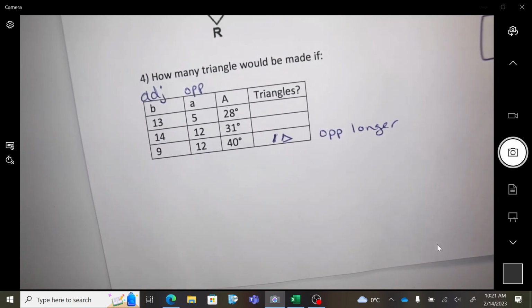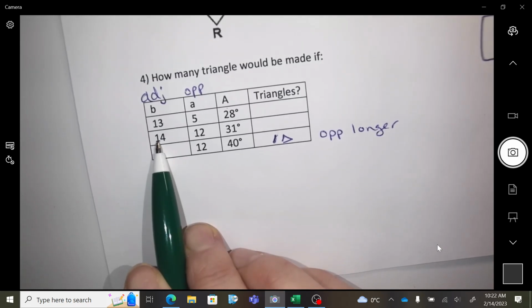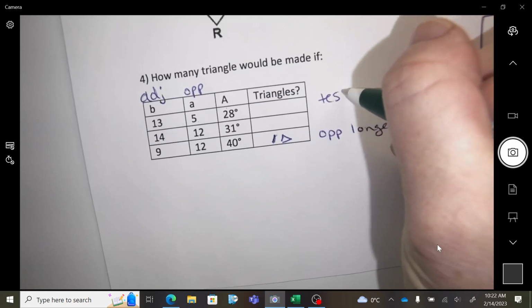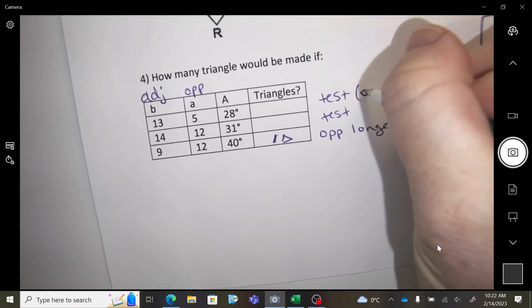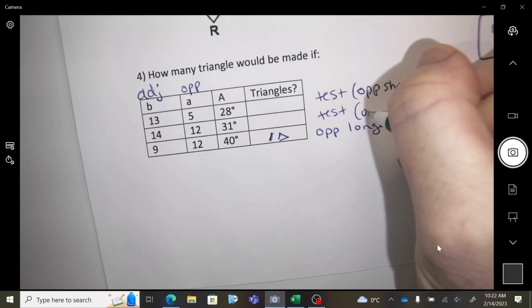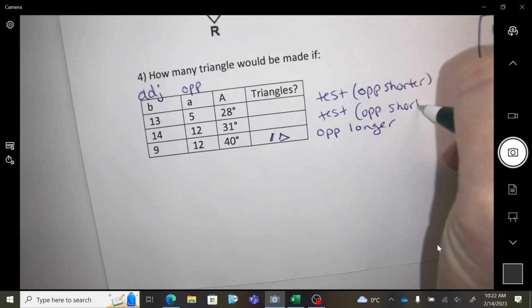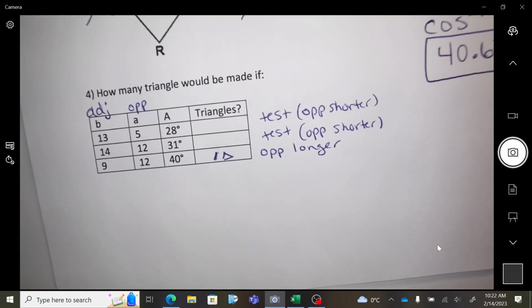Now, the other rule is if the opposite side is shorter, then I have to test. I have to test because the opposite side is shorter.